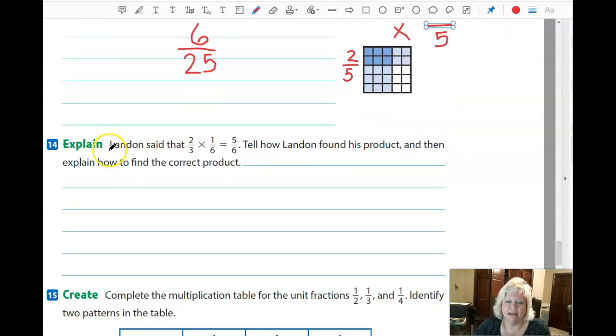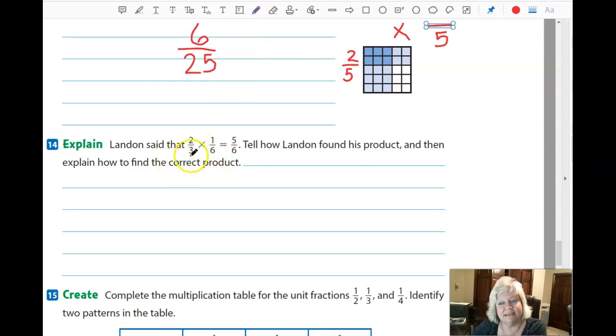Number 14, explain. These drive me crazy, but we're going to look at it together today. Landon said that 2/3 times 1/6 equals 5/6. Tell how Landon found this product and then explain how to find the correct answer. So I cheated and I went to the answer book so that I knew exactly what he did, because you guys know I don't like these.